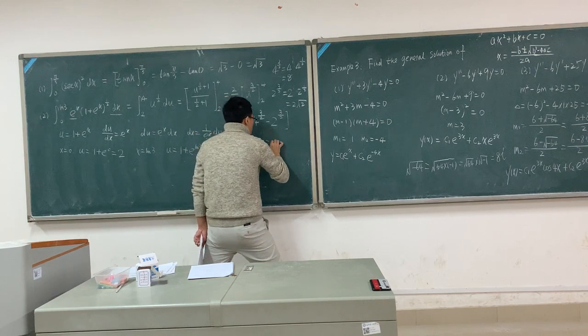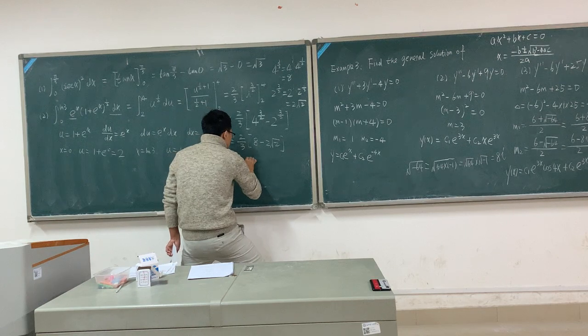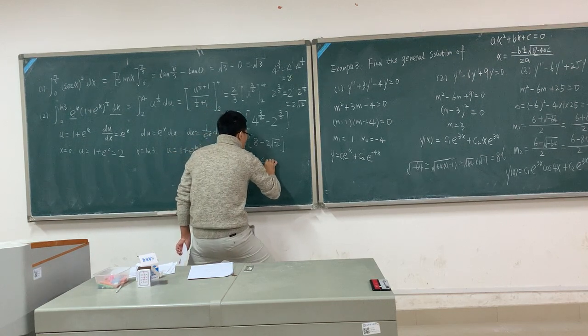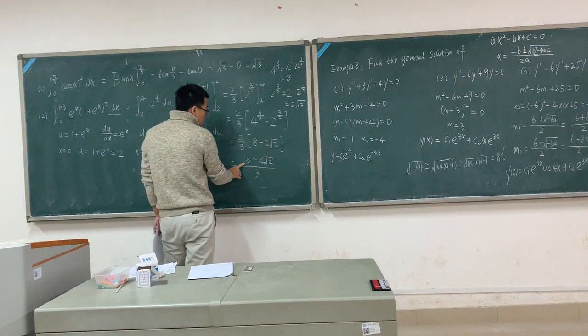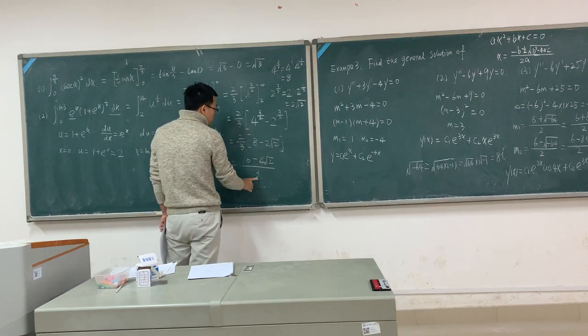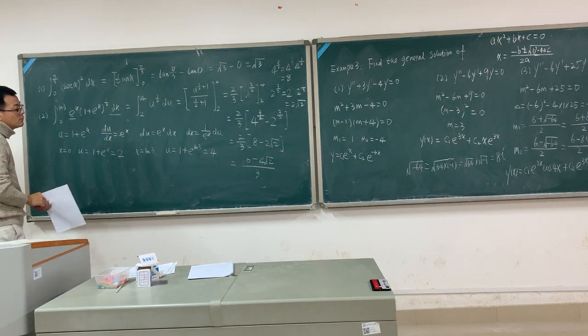Now 2 to the 3/2 power is 2 to the 1 power times 2 to the half power, which is 2 square root of 2. So the result is 2/3 times (8 minus 2 square root of 2), which is (16 minus 4 square root of 2)/3. So this is the second one.